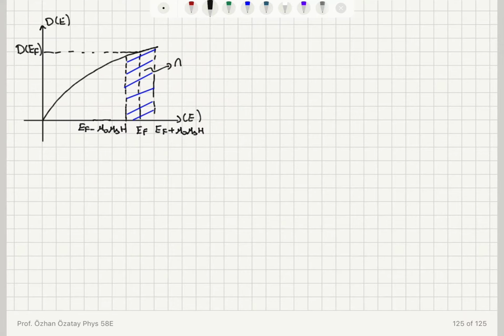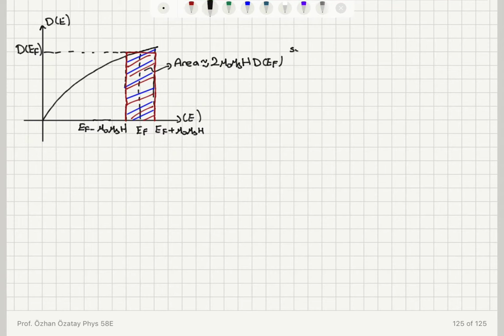So I can approximate this area to be 2 mu 0 mu b h times the density of states at the Fermi level. I consider the red area to be equal to the blue area. So that's my approximation.